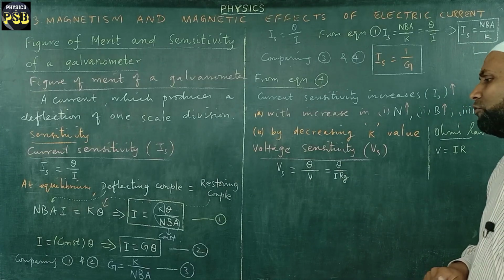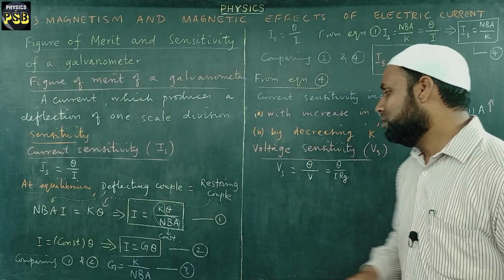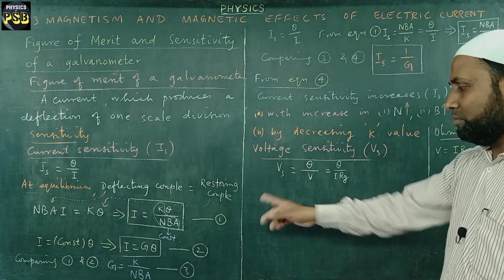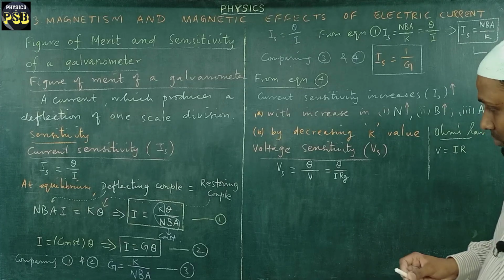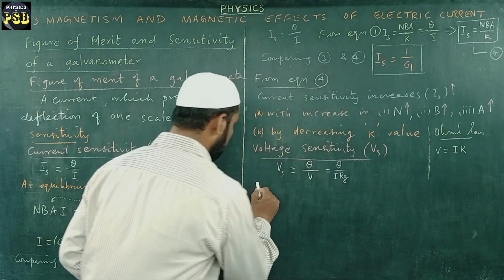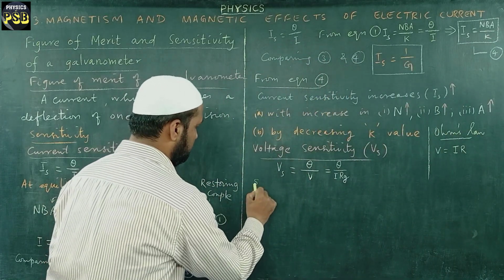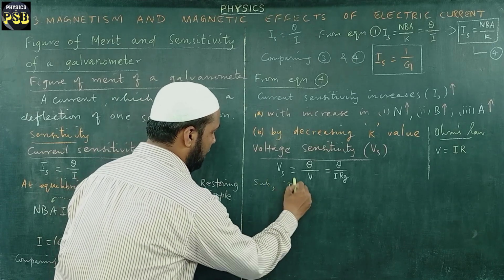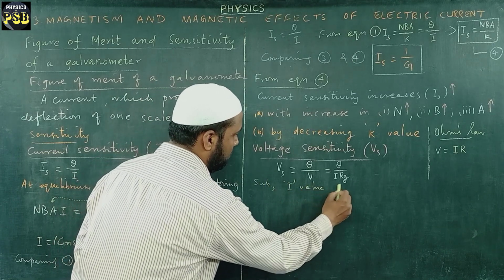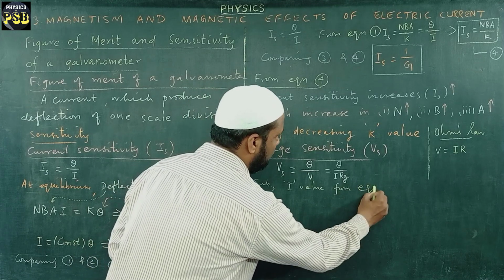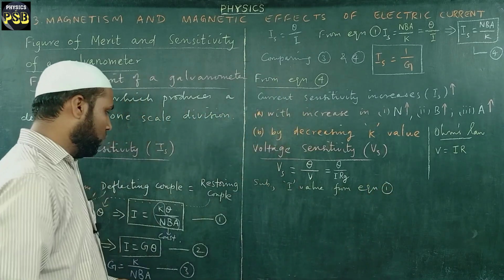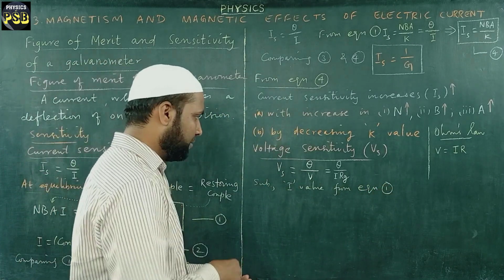Now we know the value of I, but I am going to substitute it here from equation number 1. Substituting the I value from equation number 1, what do I get?